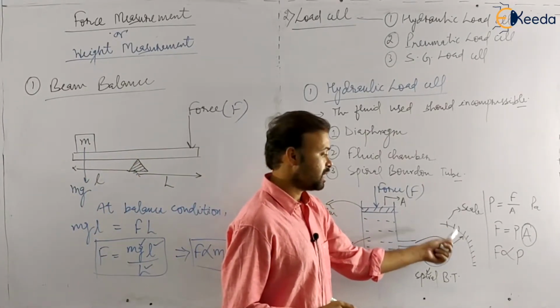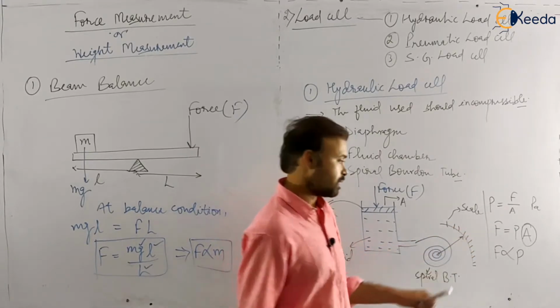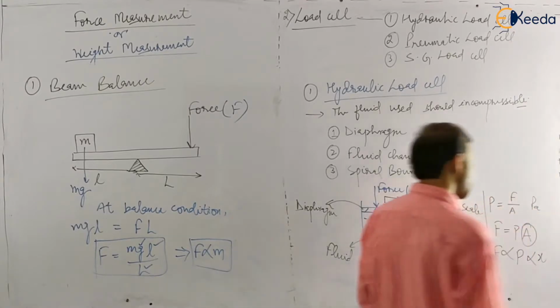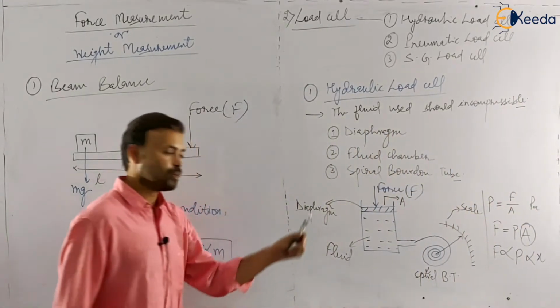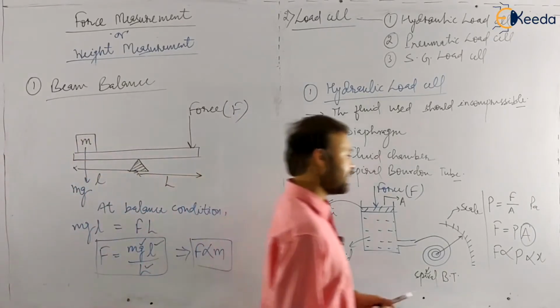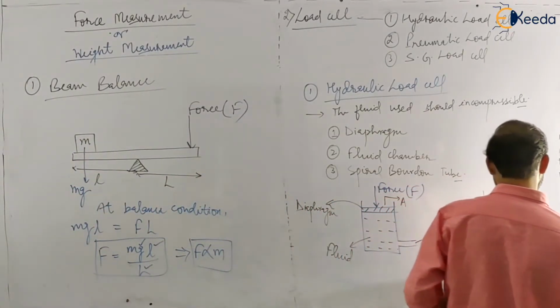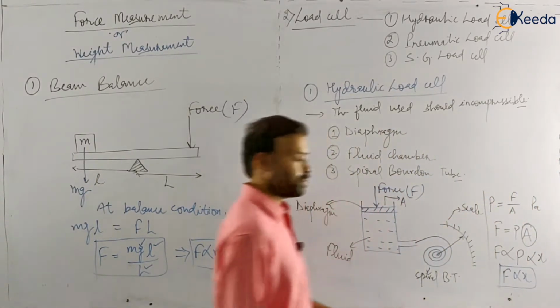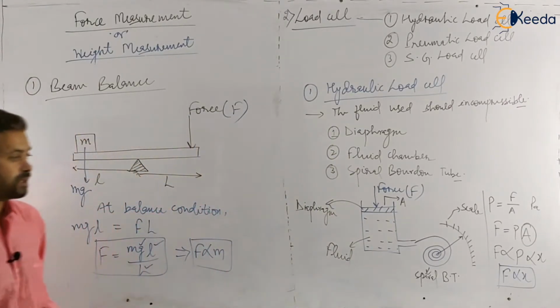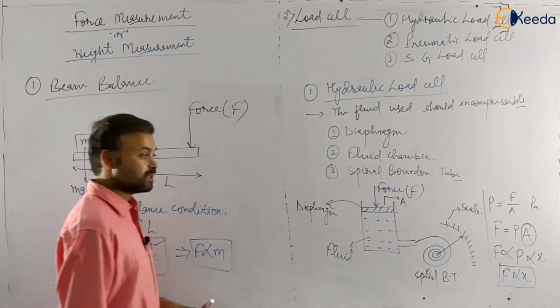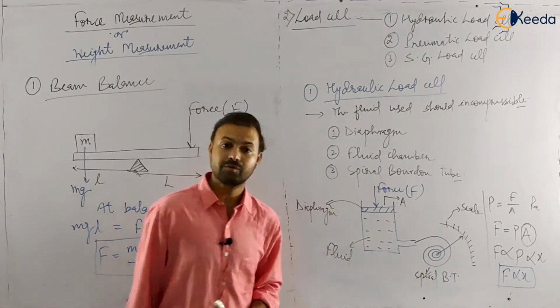So F is proportional to P, and P is proportional to X. So we can write that force will be directly proportional to the deflection of the scale, right? And later we can calibrate this deflection in terms of the force.